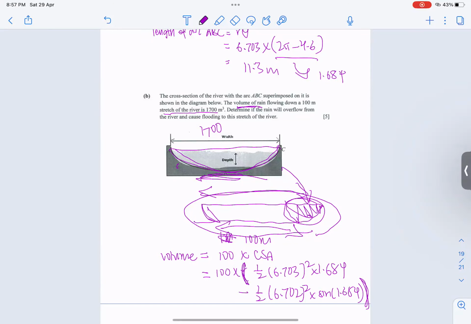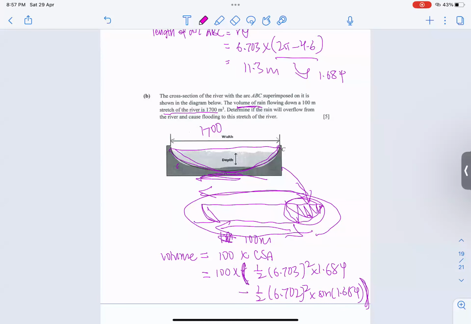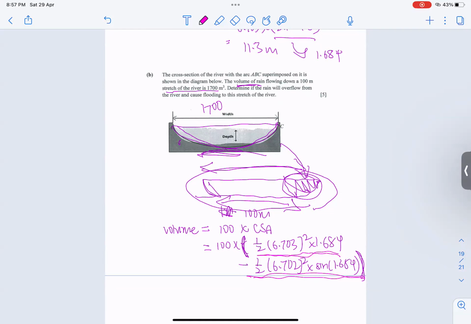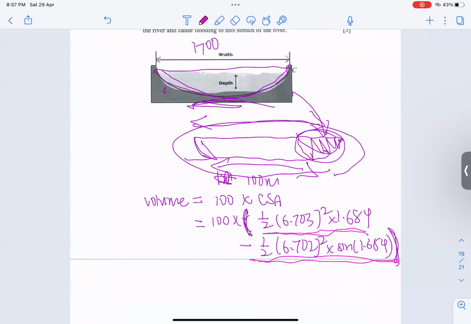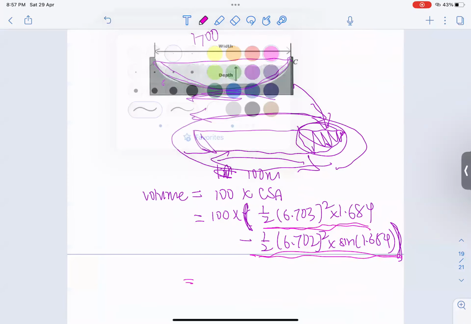So this whole thing is your cross sectional area. This equation is a bit long, so you can calculate your cross sectional area first, then you find your volume.